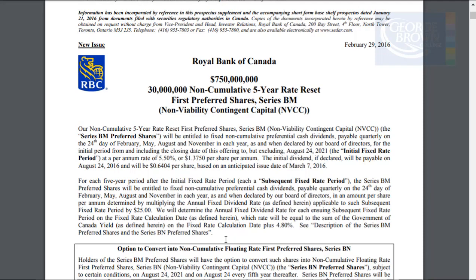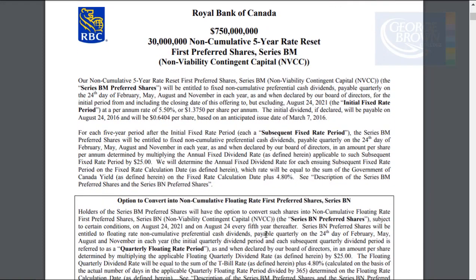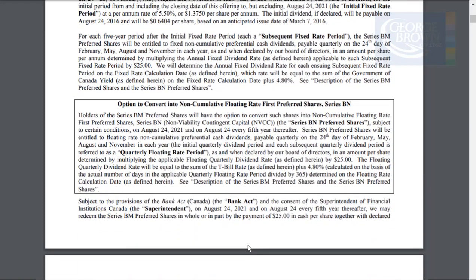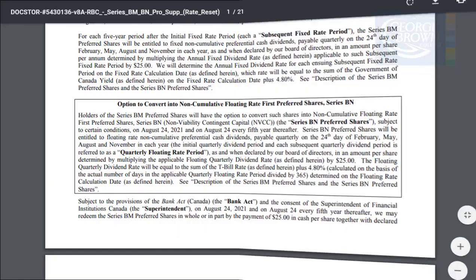You can see with regards to this Royal Bank of Canada preferred share that has a rate reset, it's based on the Government of Canada yield on the calculation date plus 4.8%. Okay, so that is going to be a floating rate preferred share. So that's a feature, again, a little bit of a feature with regards to preferred shares.